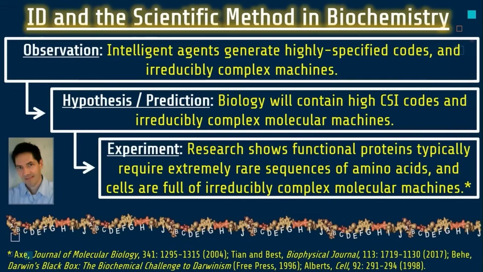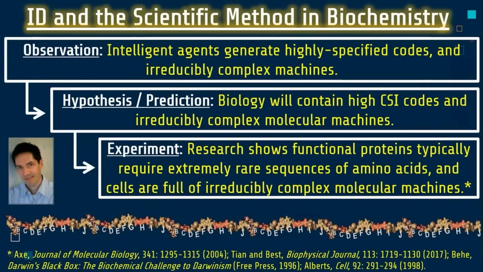Research has shown, such as research done by Douglas Axe, that when you study proteins, the amino acid sequence of a protein has to be just right in order for a functional protein to be able to work properly. It's basically high CSI. It's an unlikely sequence of amino acids that has to be in just the right order, matching just the right pattern for a protein to work.